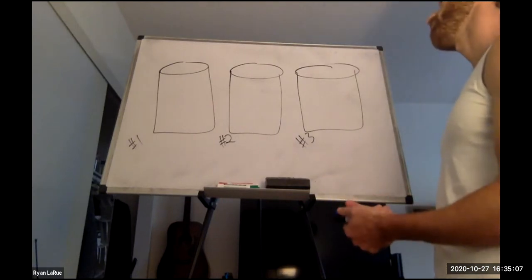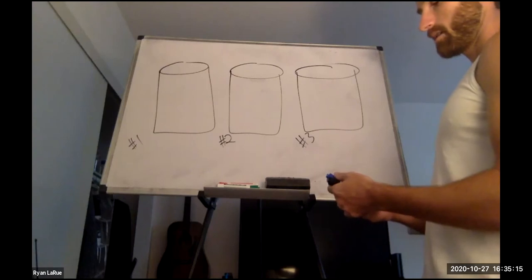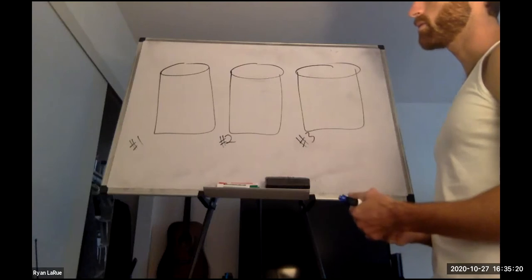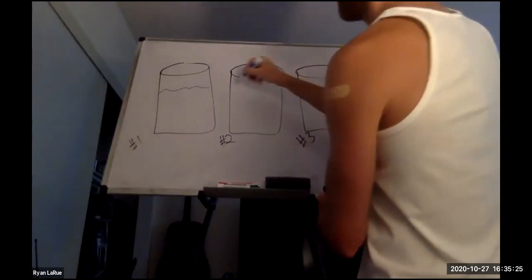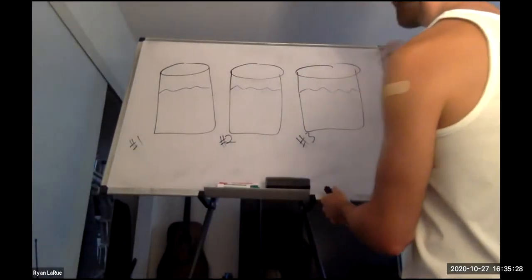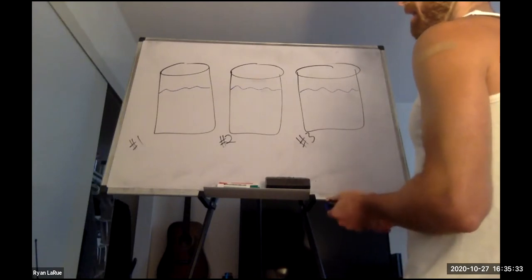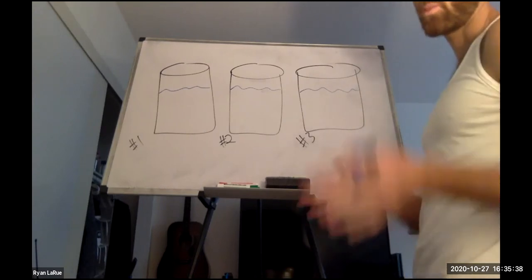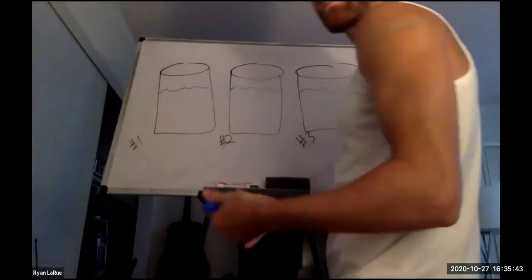Beaker number 1 is going to have water in it. Beaker 2 is also going to have water in it. Beaker 3 is going to have water in it. And beaker number 1 is going to have 99% water, 1% solute, and the solute is salt, NaCl.